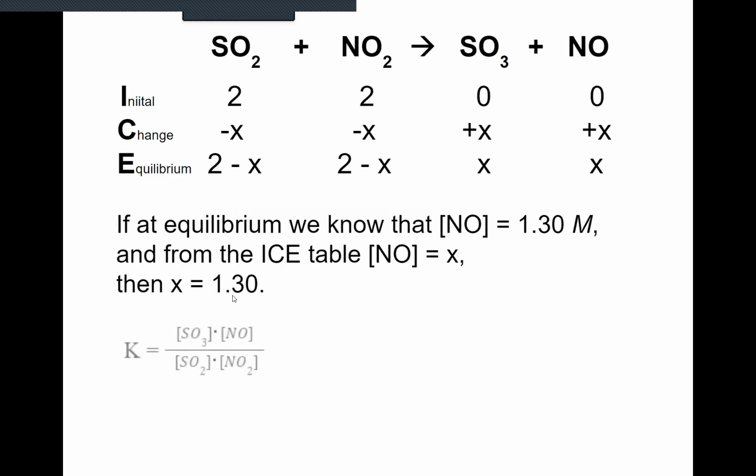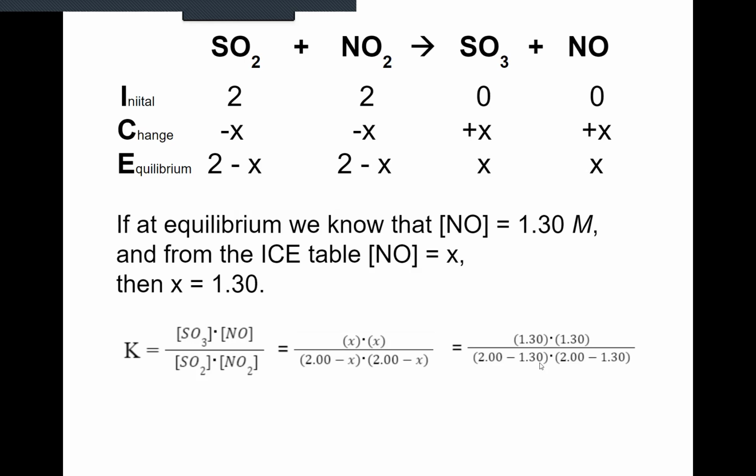Once we know that, we can substitute into the equilibrium constant expression K. If we know that X and X are the concentrations of SO3 and NO, and we know that the expressions 2 minus X and 2 minus X are the concentrations of NO2 and SO2, then we're simply going to substitute 1.3 wherever you see X. So 1.3 and 1.3, and instead of writing 2 minus X, we'll write 2 minus 1.3.